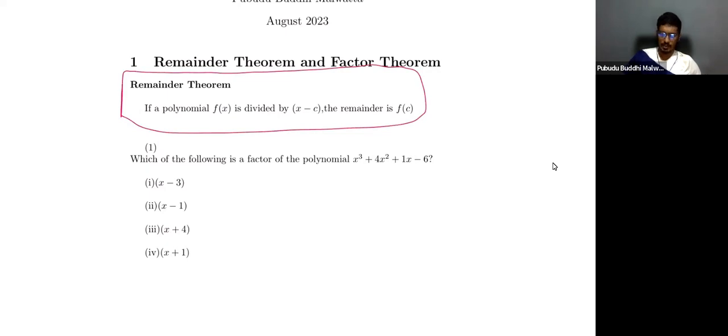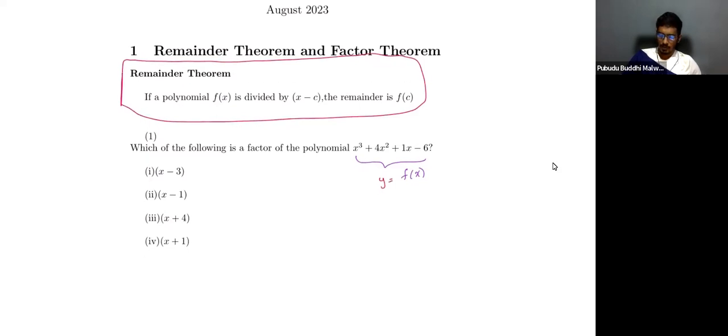Very easy actually. Now this function, let me name this function as f of x. What do we need? Which of the following is a factor? Which means now this curve f of x, or one can say y equals f of x, same thing.